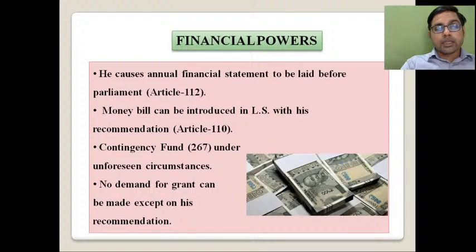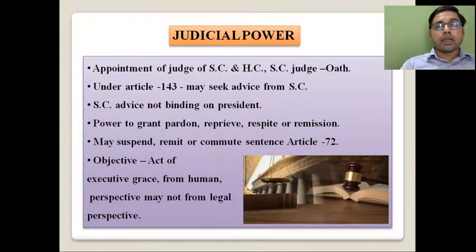President, where President can make advances from contingency fund to take care of certain unforeseen expenditure. Then no demand for grant can be made except on his recommendation. So बिना प्रेसिडेंट की रिकमेंडेशन के मिनिस्ट्री से रिलेटेड जो भी प्रपोजल्स हैं, जो भी डिमांड फॉर ग्रांट है, कैन नॉट बी मेड. That is another financial power of President.